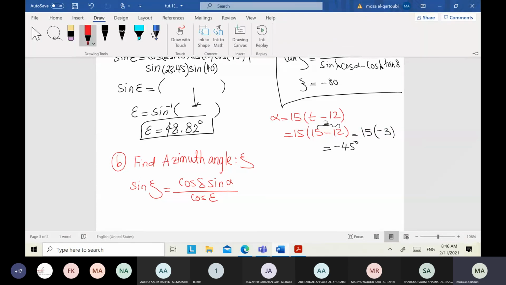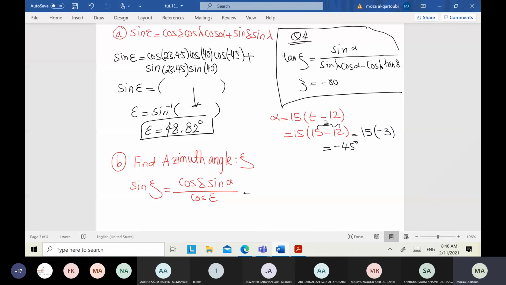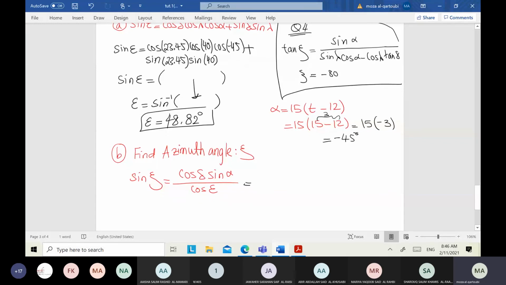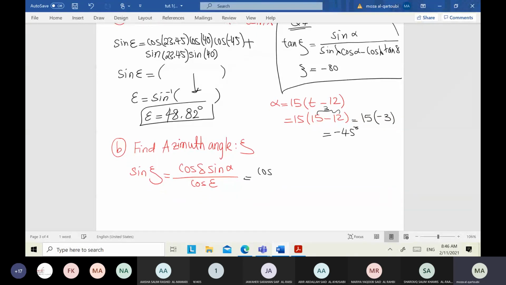Okay, so cosine delta equals 23.45, then sine of minus 45 over cosine of 48.82. So zeta will be arc sine of this value.